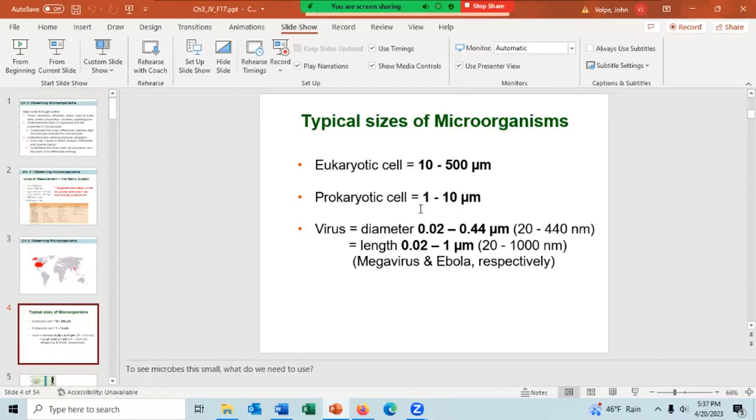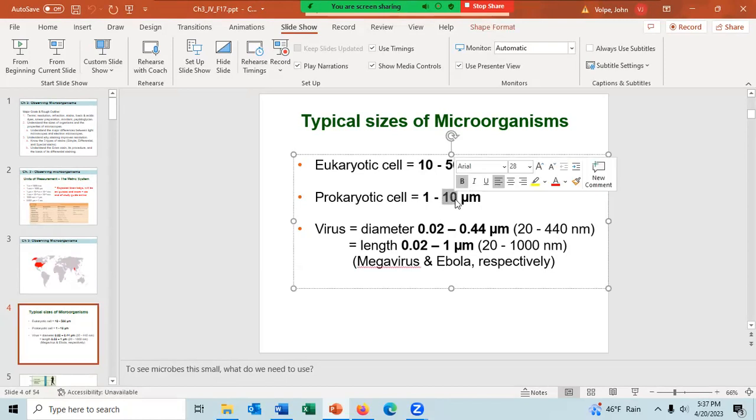Most prokaryotic cells are between 1 and 2 micrometers, and about the largest prokaryotic cell reaches something like around 10 micrometers in length. Eukaryotic cell, it also depends on what size you're talking about. Most of them, I think, are around 10 to 20 or 30 micrometers. And we're talking like many blood cells, both white and red, are in this range.